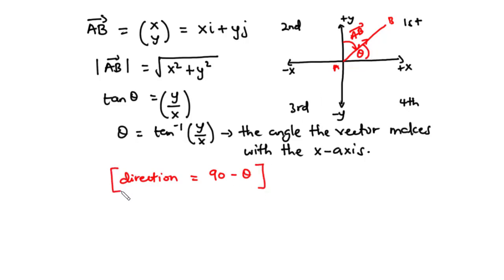So this is how to find the bearing or the direction of a given vector from the positive y-axis or from the north. Now let's take an example to clearly understand how to find the magnitude and direction of a given vector.